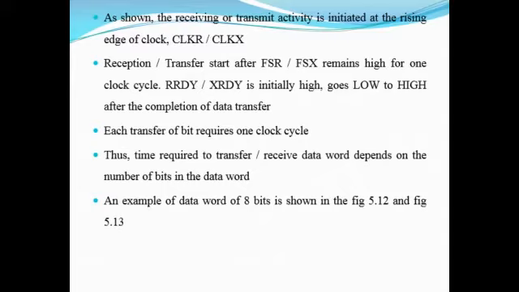And each transfer of a bit requires one clock cycle. So for one clock cycle, one bit is transferred. So the time required to transfer or receive the data depends on the number of bits in the data word. When we transfer a smaller set of data, the time required to transfer or receive it is very less.